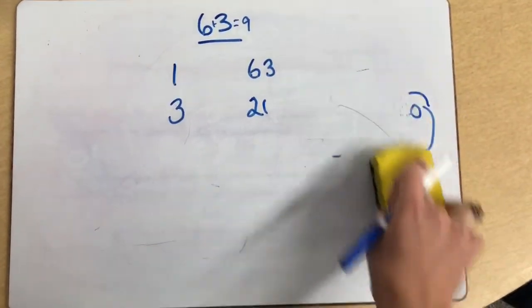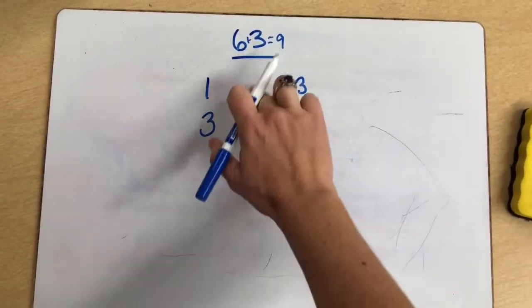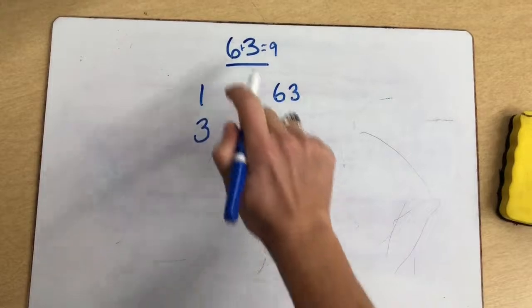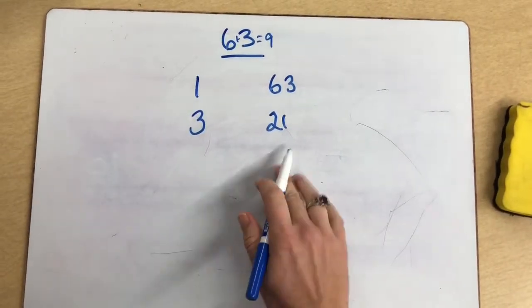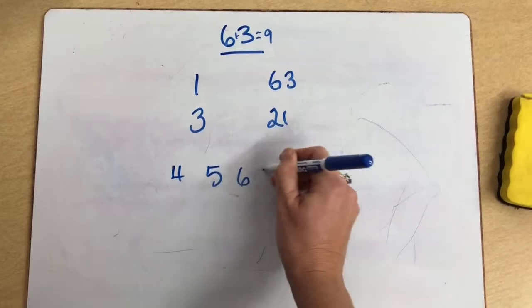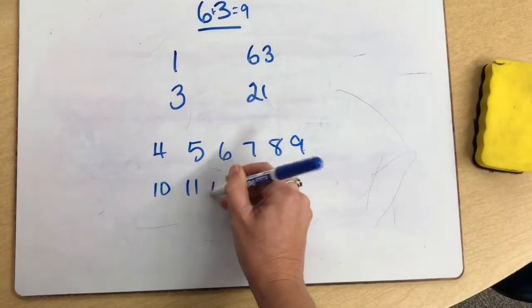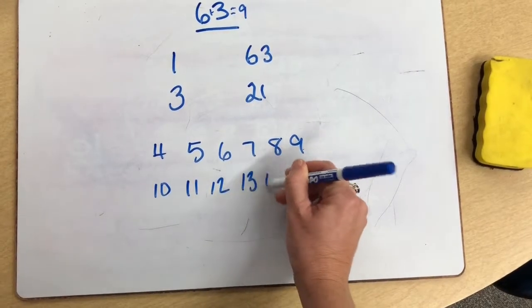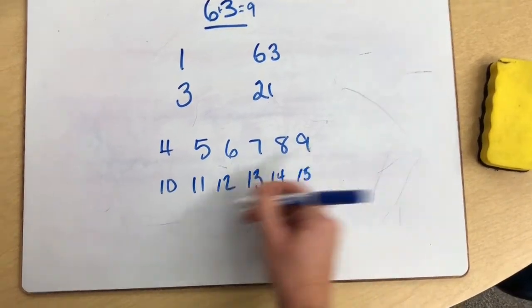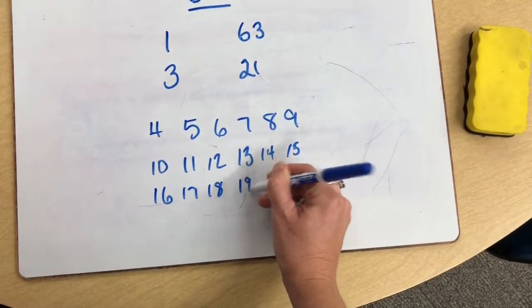I know 4 won't work because that's an even number. I know 5 won't work because it ends in the 3. I'm going to have to write down these numbers that are in between. 4, 5, 6, 7, 8, 9, 10, 11, 12, 13, 14, 15, 16, 17, 18, 19, 20.